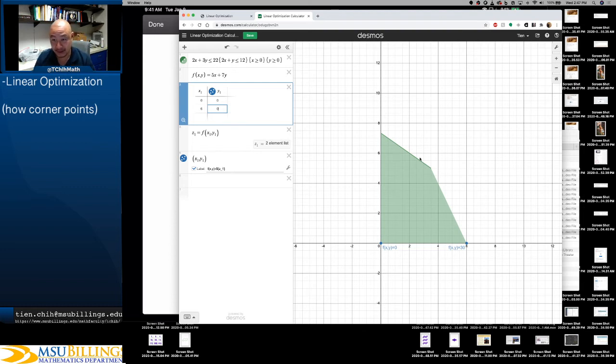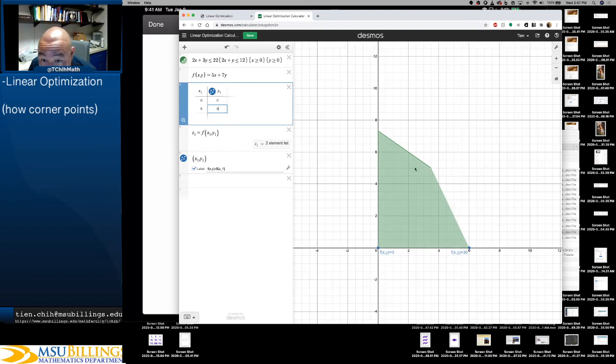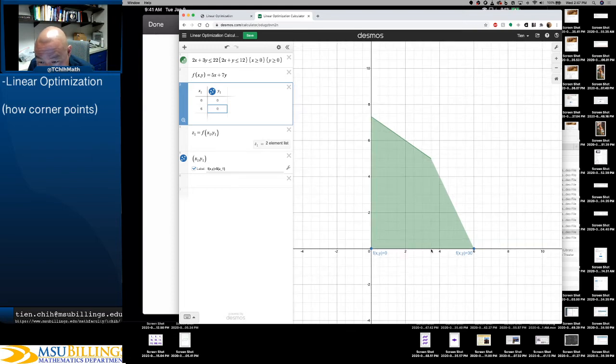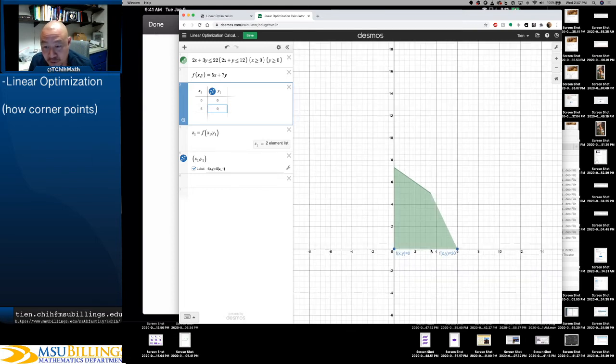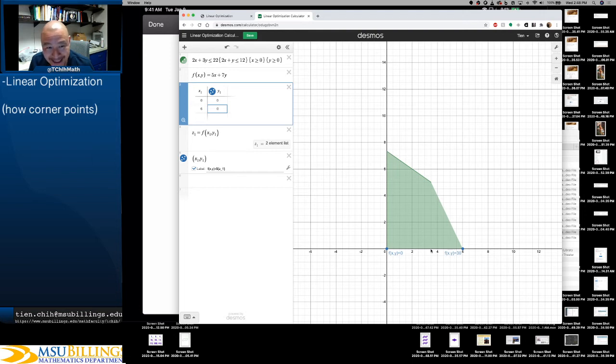All right. And now this point here looks to be 3.5, I believe. 3.5 for x, 5 for y. But we don't have to guess.